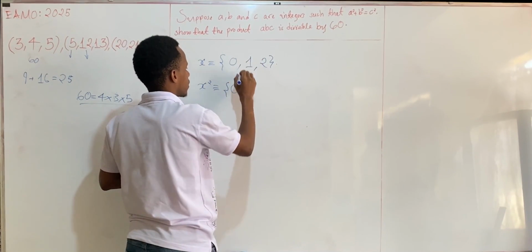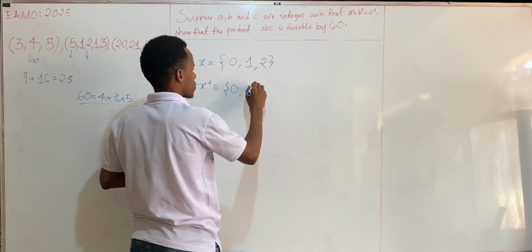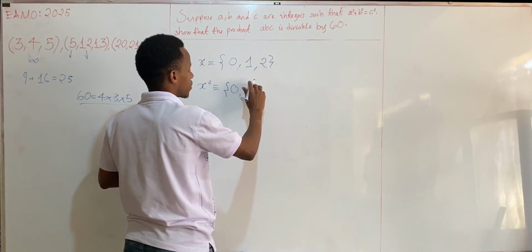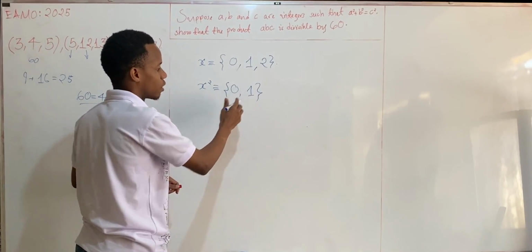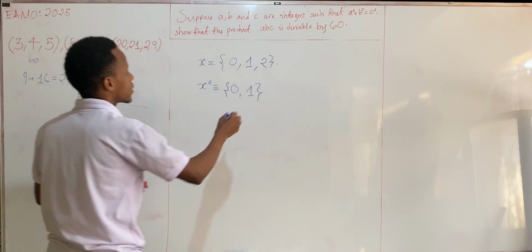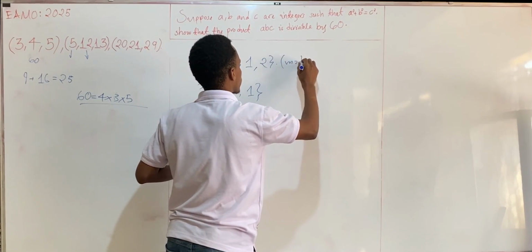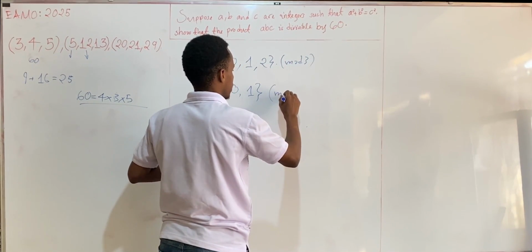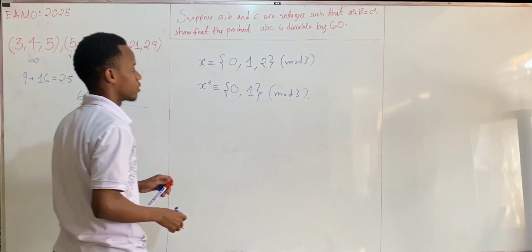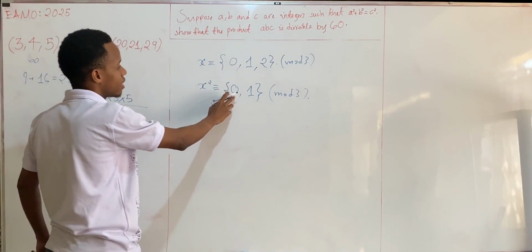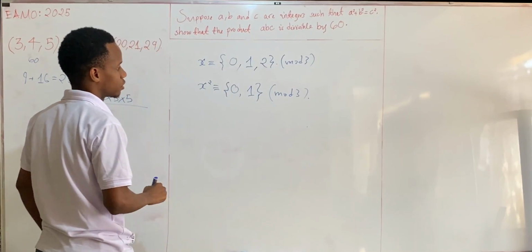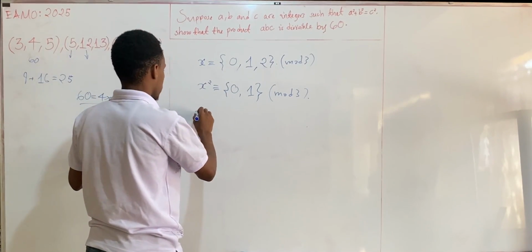When you square 1, you get 1. And when you square 2, you get 4, which is actually just 1 modulo 3. So we are dealing with modulo 3. The possible remainders of x squared for any positive integer x are either 0 or 1 modulo 3.